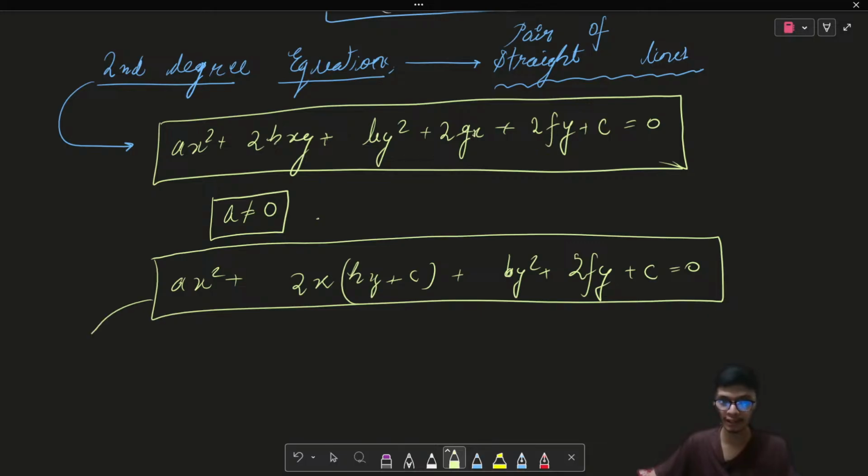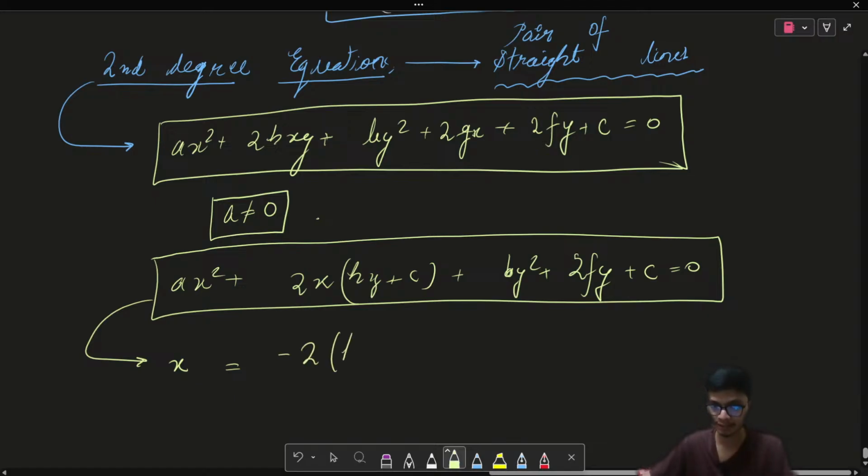So now we have already seen the formula for solving a quadratic equation in x. So from here, if I apply the Sridharacharya formula, I'm going to get x equal to minus b plus or minus square root of b square minus 4ac, divided by 2 times a, right?